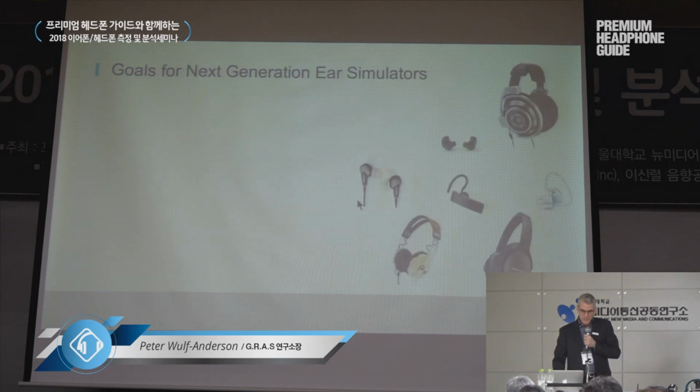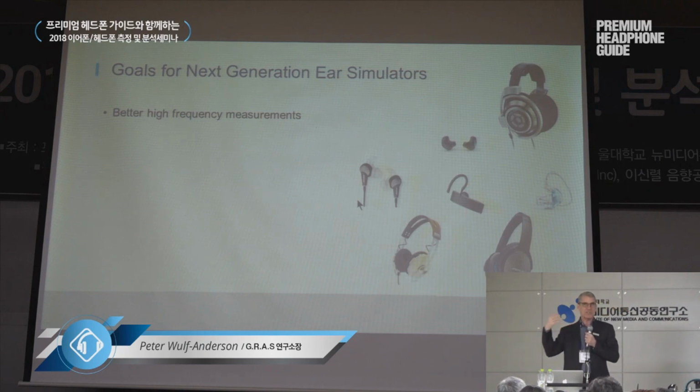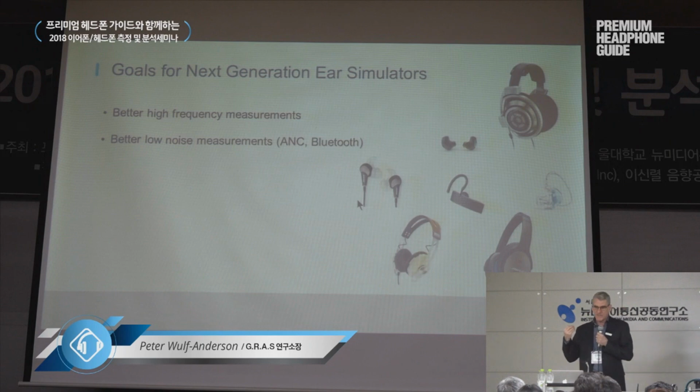So the goals for next generation of ear simulators: better high frequency measurements. If we could do very repeatable measurements, at least up to 20 kilohertz, maybe even higher. Better low noise measurements, if possible, so we can measure the electrical noise of devices that have noise cancelling circuits or Bluetooth in.